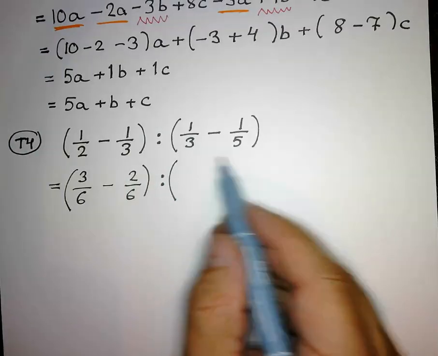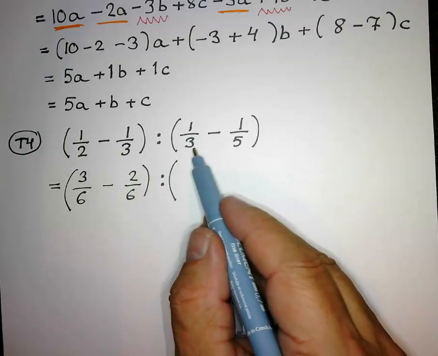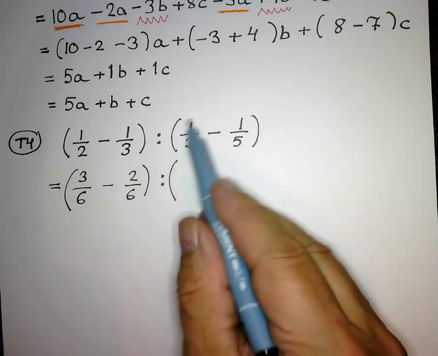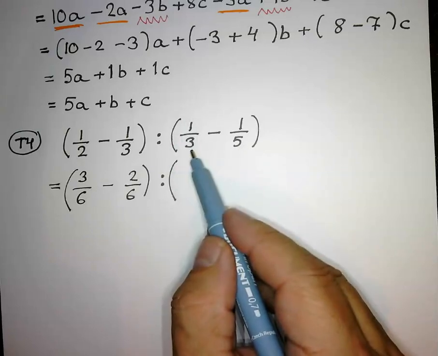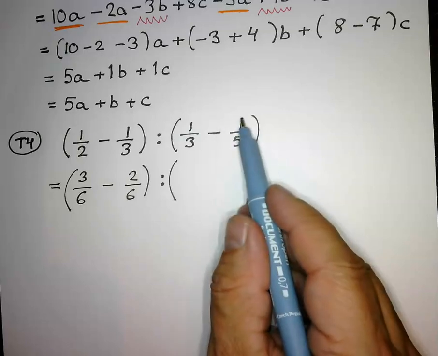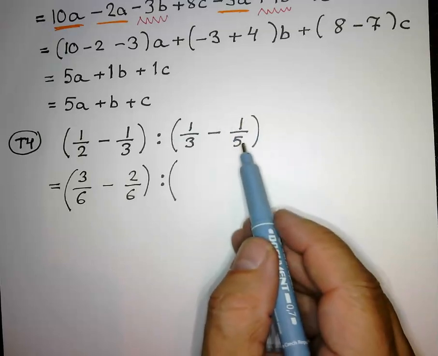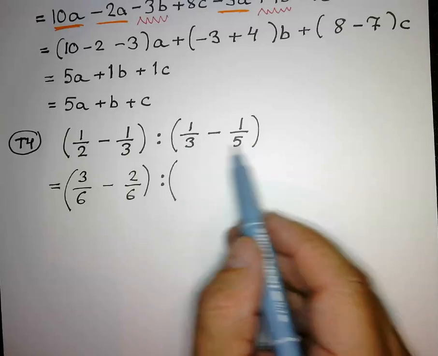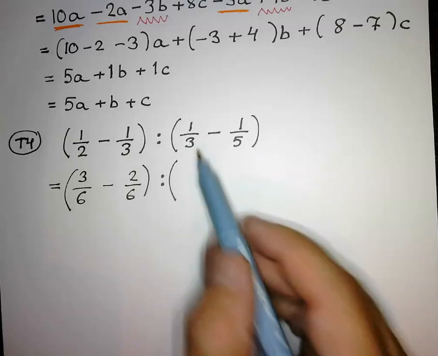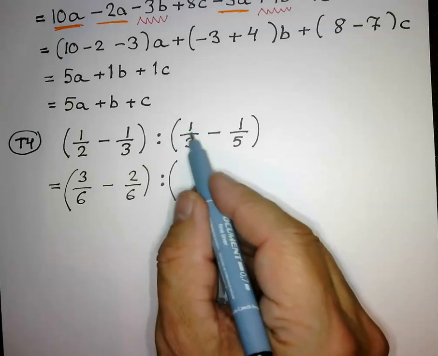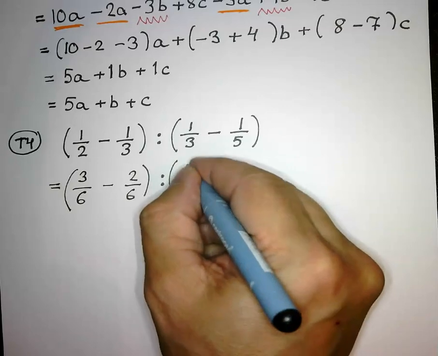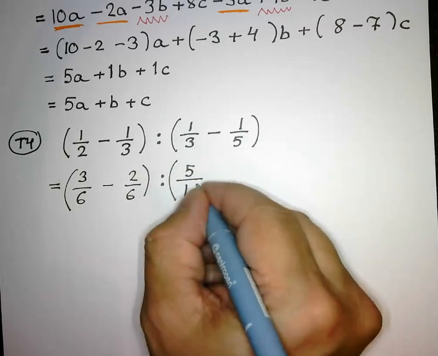Here we do the same thing, but we have now 3 and 5 in the bottom part. So we multiply this fraction with 5 and this fraction with 3. That is a way to get a 15 in both bottom parts. So this will be multiplied by 5, it equals 5 divided by 15.